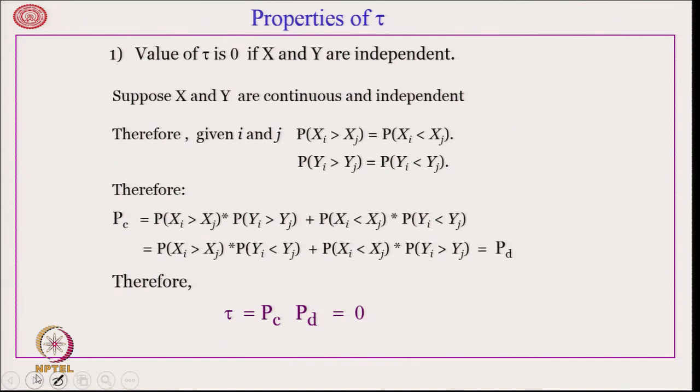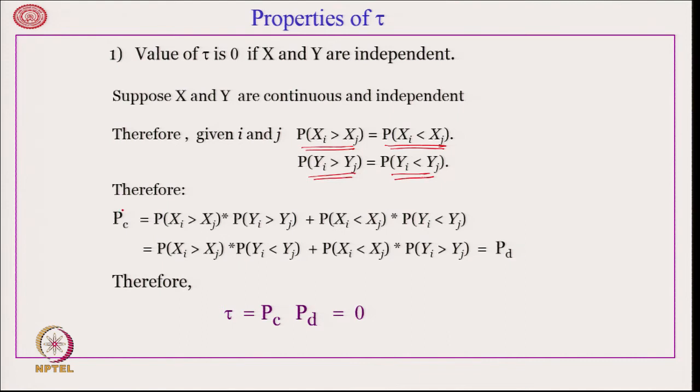So, let us first examine a few properties of tau. The value of tau is 0 if x and y are independent, because x and y are continuous and independent. Therefore, given i and j, probability x_i greater than x_j is the same as x_i less than x_j, and similarly probability y_i greater than y_j is the same as probability y_i less than y_j.